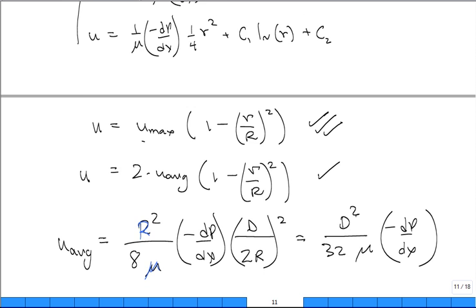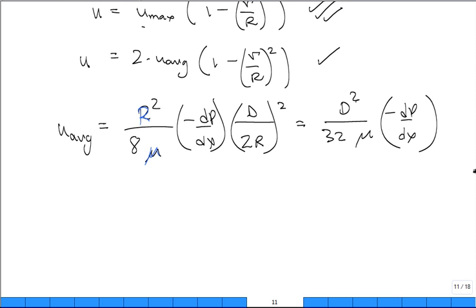Now, somebody says, let's do this. Let's bring negative dp dx over here and put a length here.